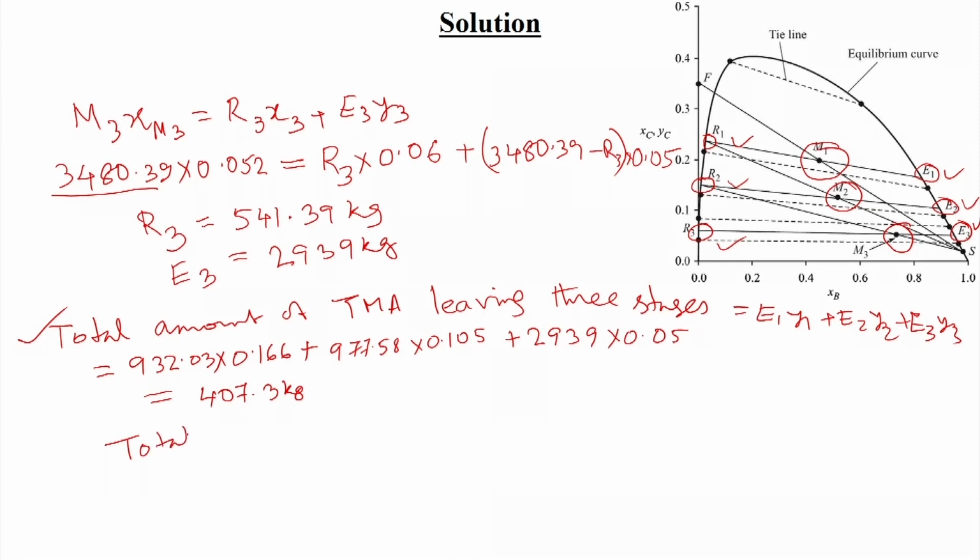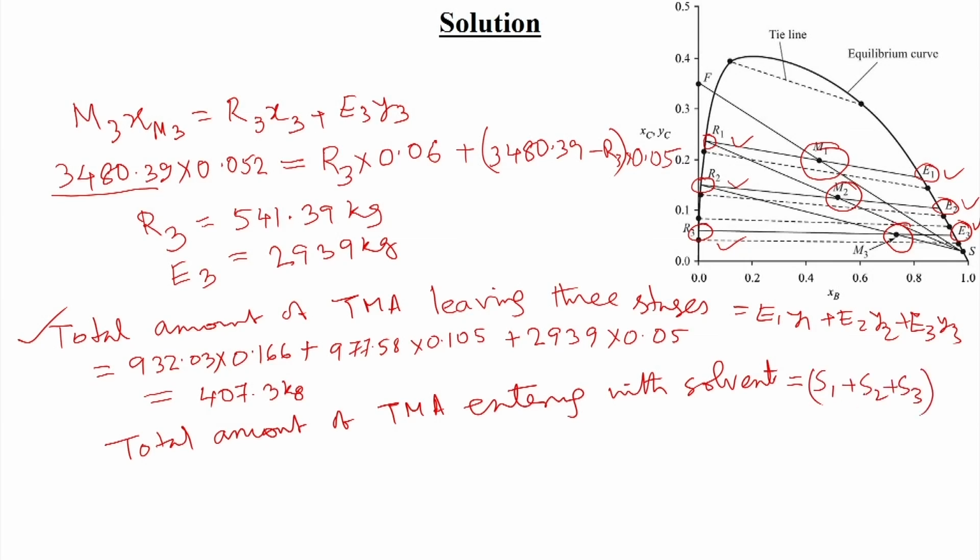We also need to consider that, because when calculating the extraction efficiency, we need to deduct that amount from the total amount of trimethylamine leaving. So, the total amount of trimethylamine entering with the solvent, for the 3 different solvents, will be S1 plus S2 plus S3 into Ys, because in all the cases the solute concentration in the solvent is the same.